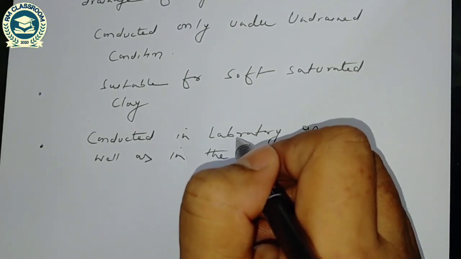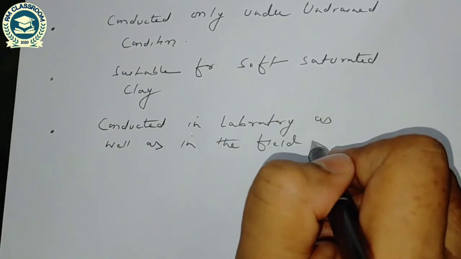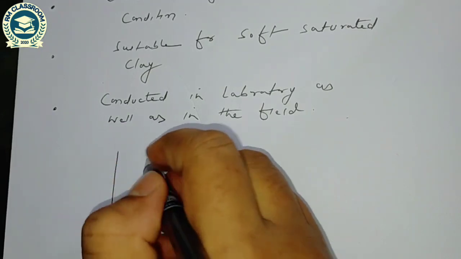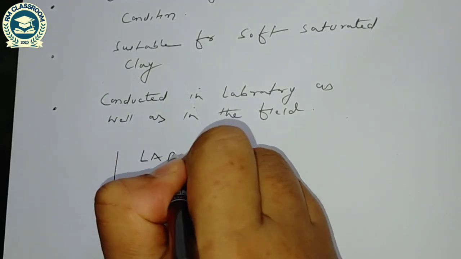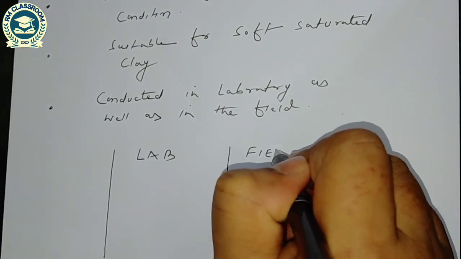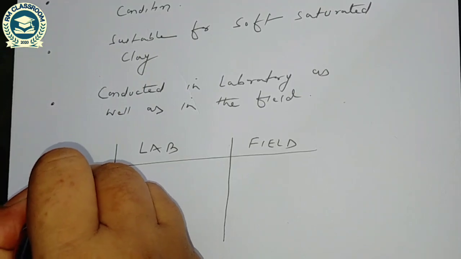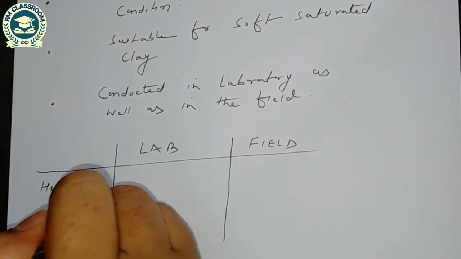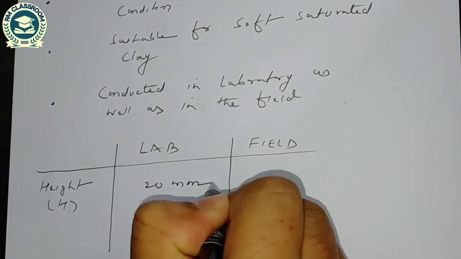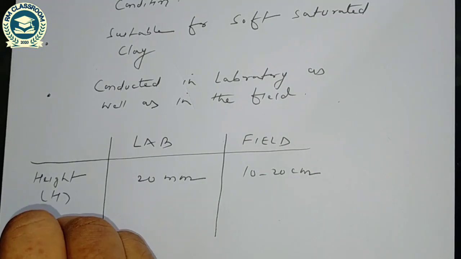The mechanism is the same, the difference is only in the size of the vane. Height of the vane: in the laboratory it is 20 mm and in the field 10 to 20 centimeter.